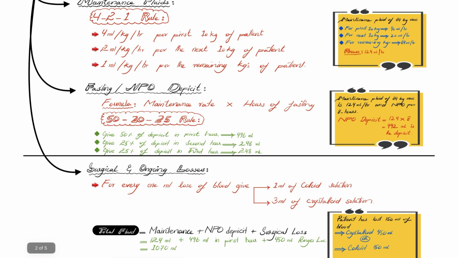Next I have to calculate the fasting or NPO deficit. The formula for the NPO deficit is maintenance rate times hours of fasting, and we apply the 50-25-25 rule when the NPO deficit fluid is calculated.